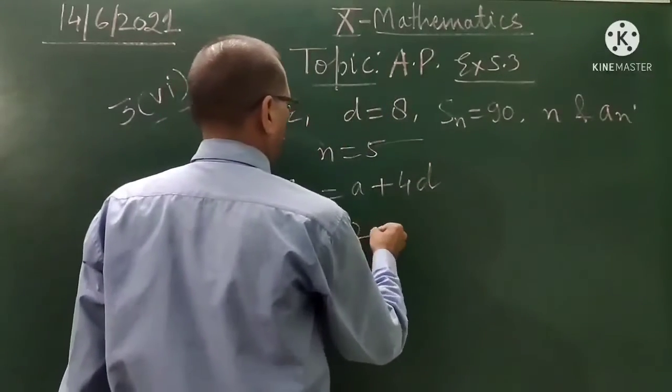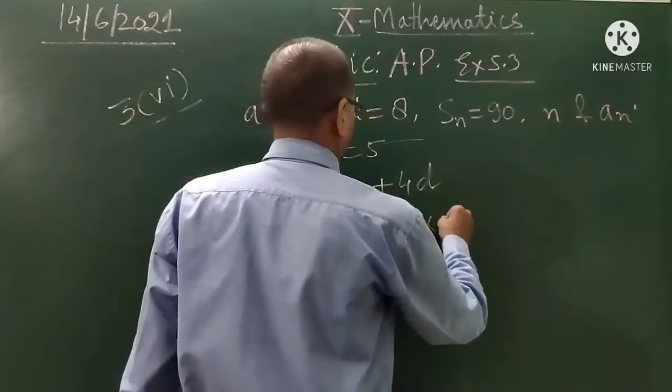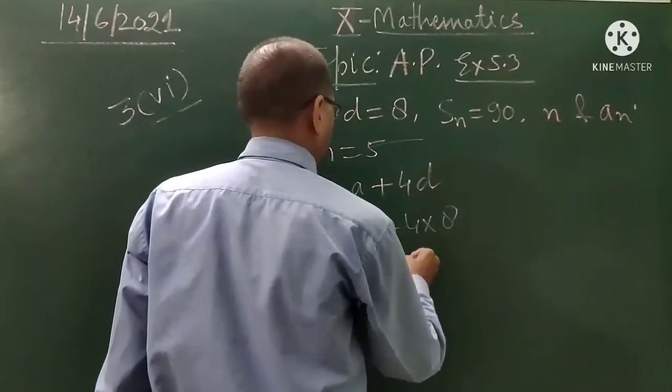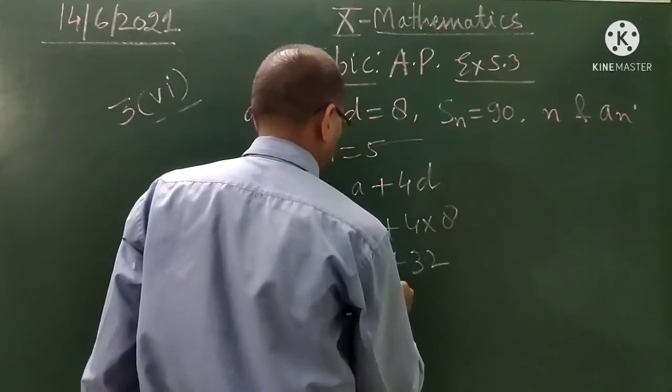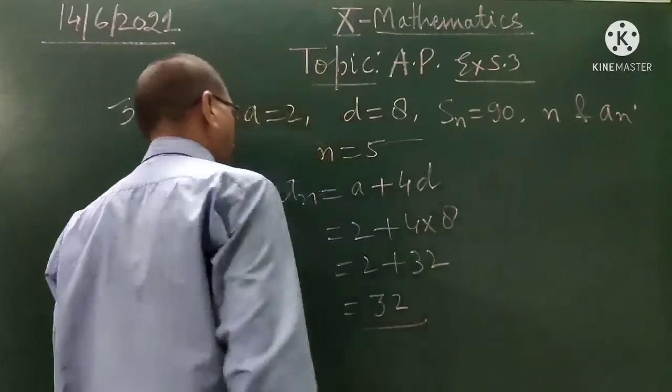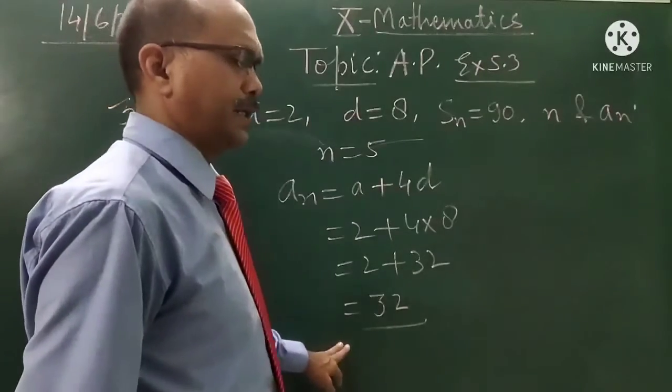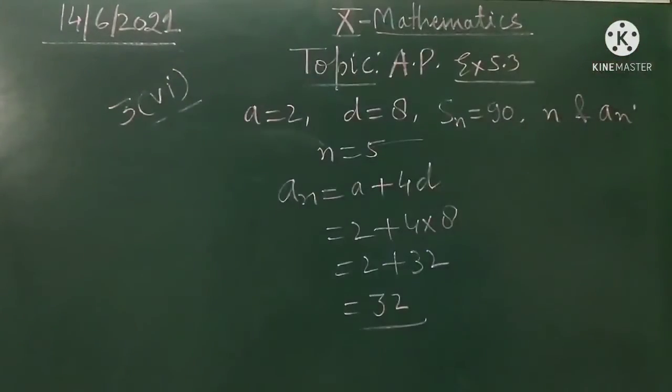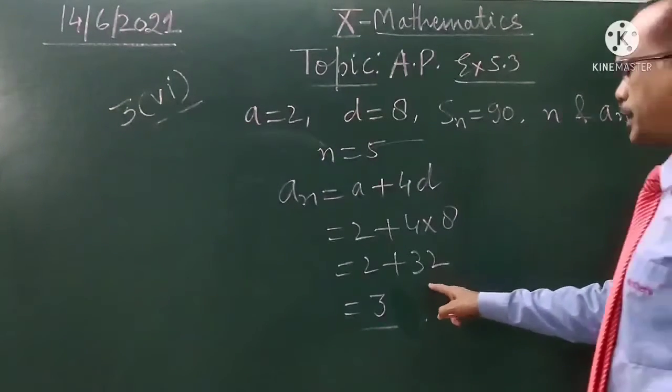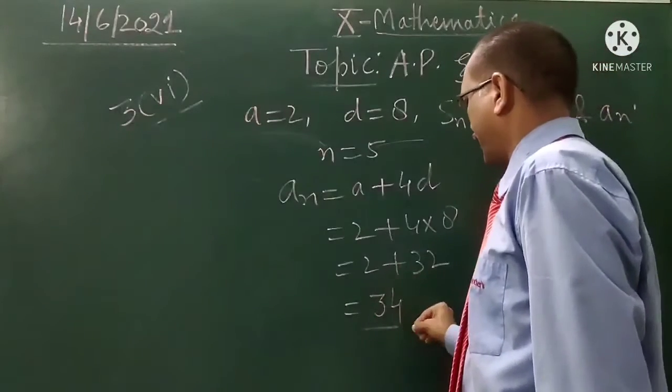A is 2 plus 4 into 8. It is 2 plus 32 or it is 34. So another term it becomes 34. Student, 32 plus 2 is 34.